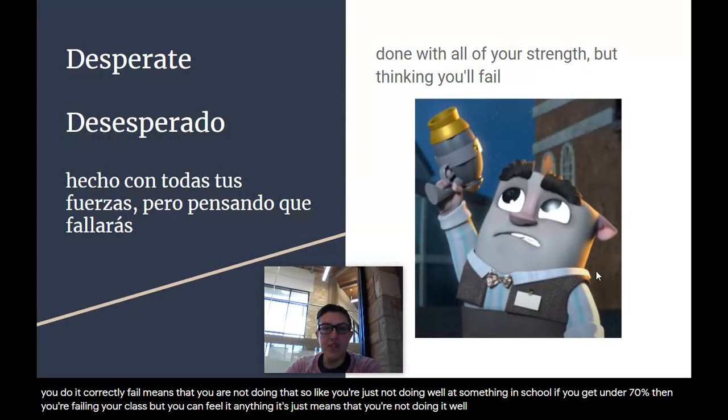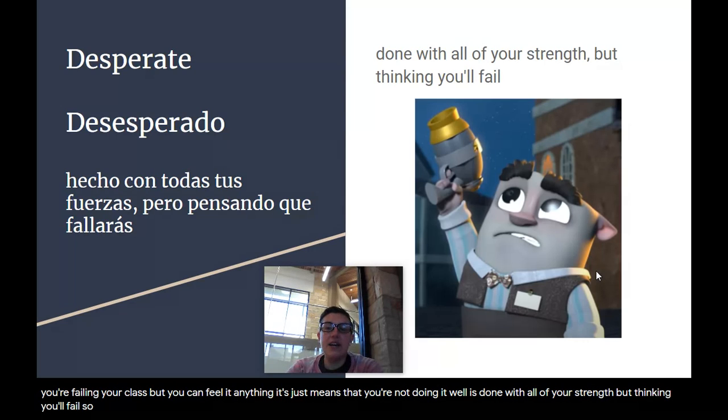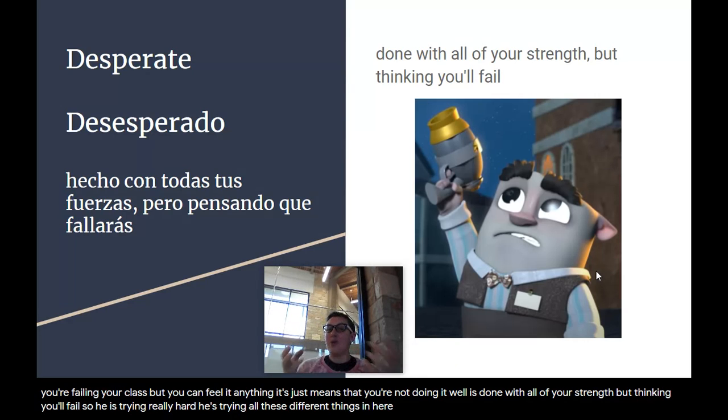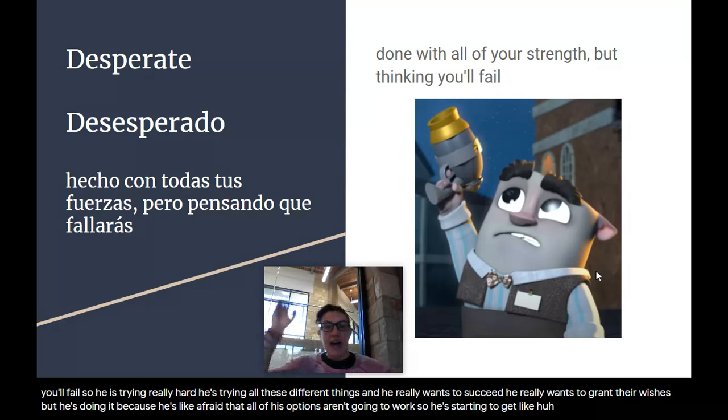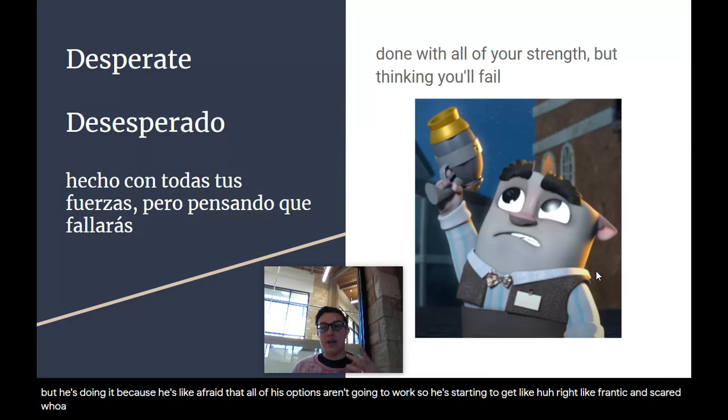Desperate. Desperate means doing it with all of your strength, but thinking you'll fail. So he is trying really hard. He's trying all these different things and he really wants to succeed. He really wants to grant their wishes, but he's afraid that all of his options aren't going to work. So he's starting to get frantic and scared, worried.